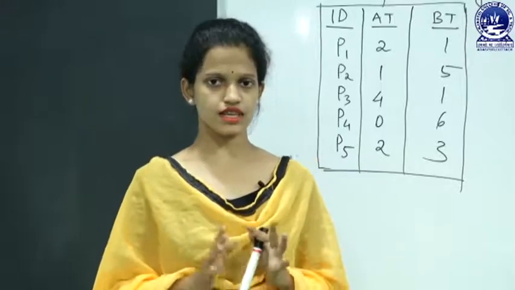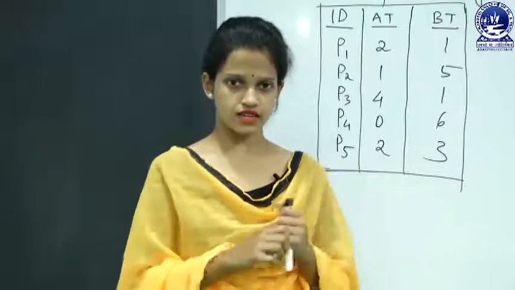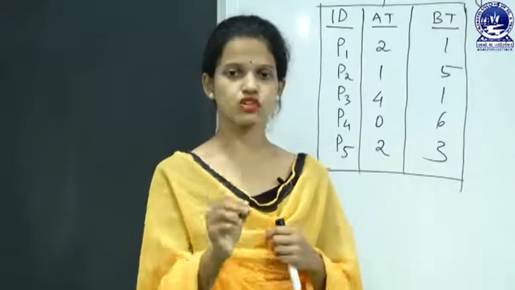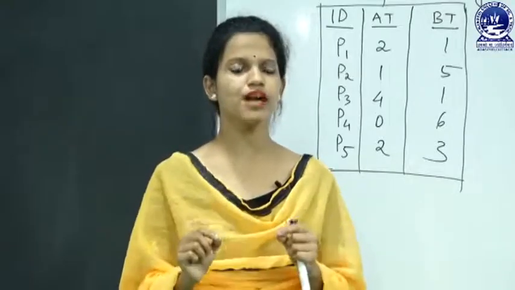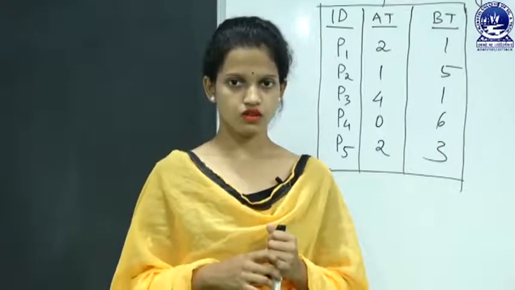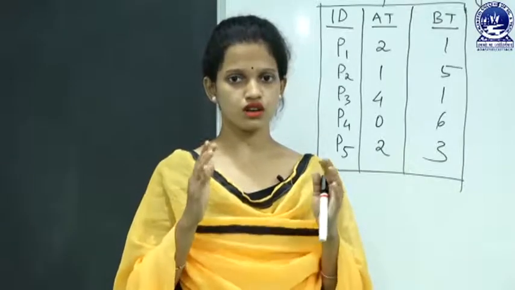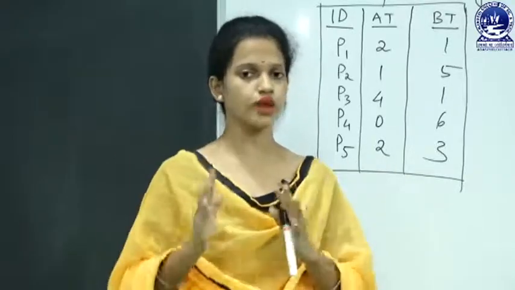So what is SJF? SJF is picking the job from the ready state which has the shorter burst time. We pick the job with the shorter burst time and allocate the CPU to that process. The process with the largest burst time has to wait.